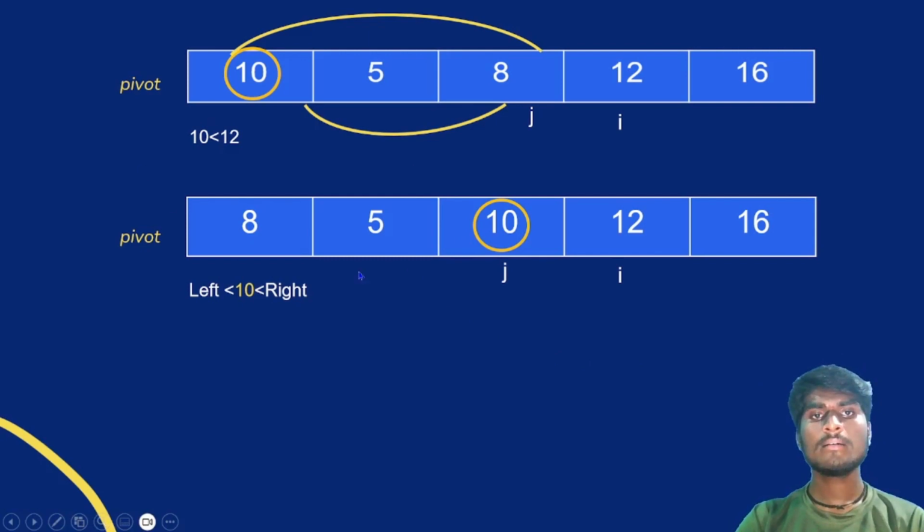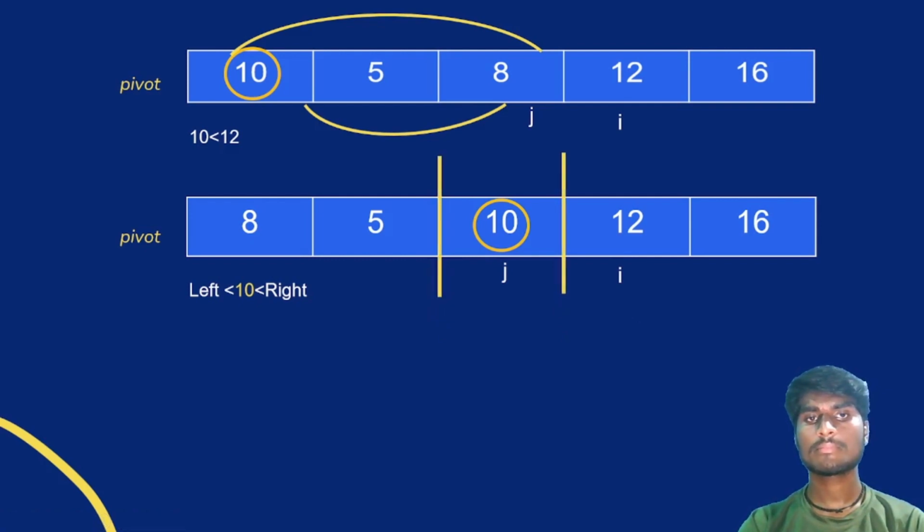In this case, you can see that the left side of the pivot element is less than the pivot element, and the right side of the pivot element is more than the pivot element. It is the rule of quicksort. Then we need to make partitions between these two. Then we need to apply quicksort again for the first partition and the second partition.